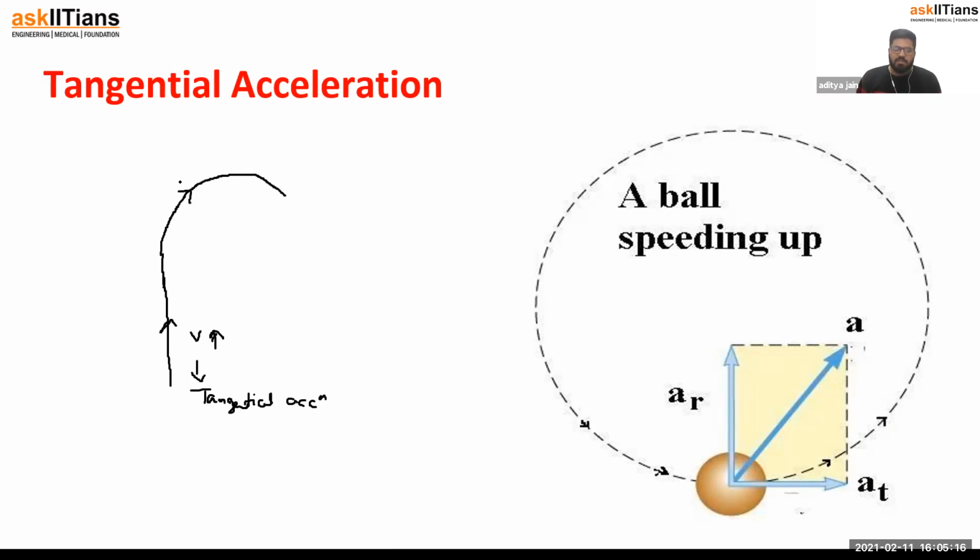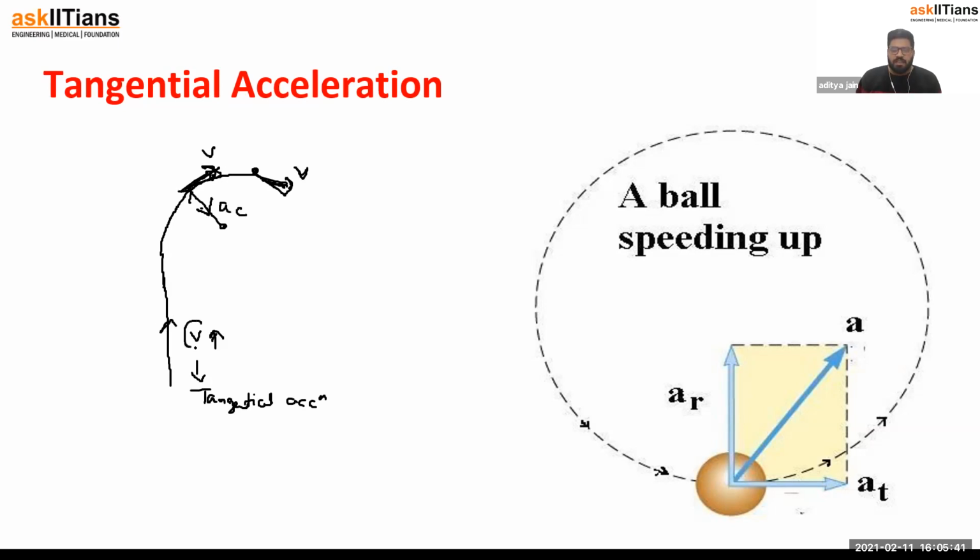At this turn, suppose I'm moving with a constant velocity v. During this turning path, the only acceleration involved is the acceleration required for changing the direction, because the magnitude is constant. So the only acceleration required is because of the change in direction of velocity, which will be centripetal acceleration.